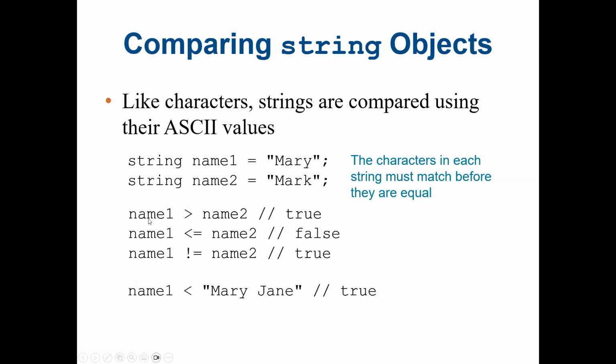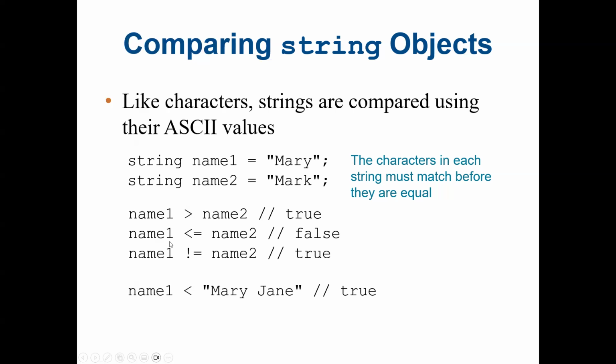So now first we ask, is name1 greater than name2? Yes, it's true. Why? Because lowercase k comes before lowercase y in the ASCII number system. So y is greater than k.